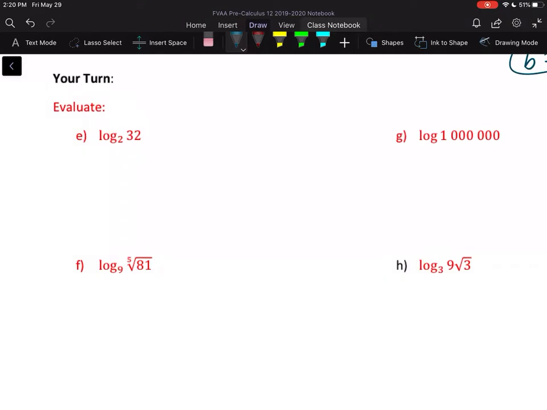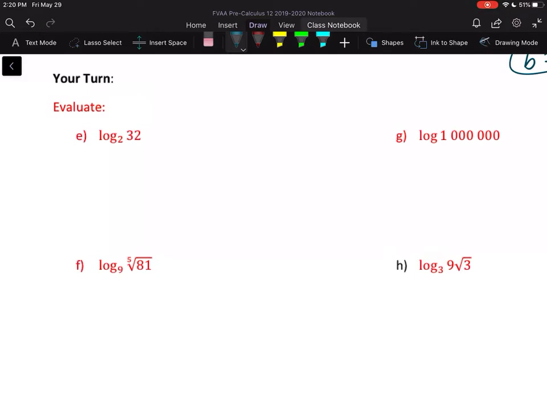But I do want you guys to do both methods, okay? Check your answer by plugging into your calculator, but I want you guys to change these into the exponent form first and see if you can figure that out without your calculator first, okay? It'll just get you more familiar with converting between exponent form and logarithmic form. All right, so go ahead and pause the video and give these a shot on your own.